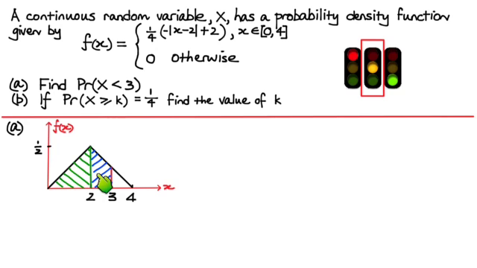Alternatively, I've also shown you a way of working it out by exception. If you work out this little vacant triangular area between 3 and 4, and subtract that from 1, that will be an equivalent result, and probably easier than messing around with this blue hashed area, which is a trapezium. However, trapezia are nice friendly little beasties and easy to deal with, so let's do it both ways.